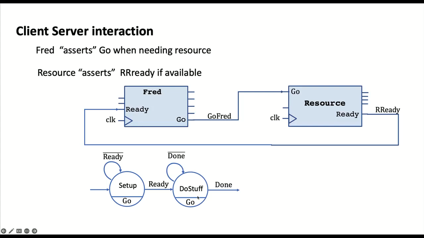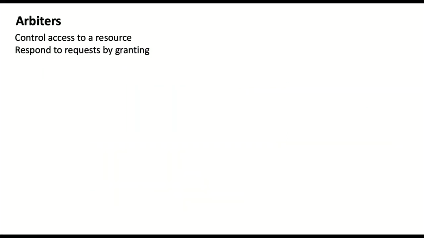Okay. All right. So you're going to have things like this in your state machines, and for the most part, your resources are dedicated to your project, and you don't have to worry about multiple clients needing them. But in large systems, you need to control access when there is more than one client.